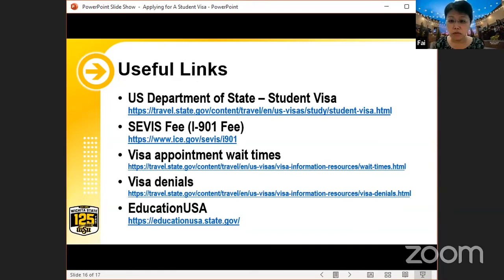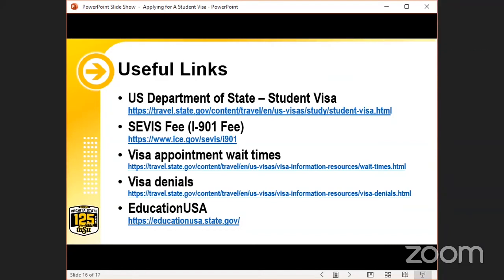And there are different restrictions, or probably benefits, for you to have a student visa. If you want to study in the US, you do need to apply for a student visa. For that reason, you will need to be admitted by a school and receive an I-20 to start your student visa application.